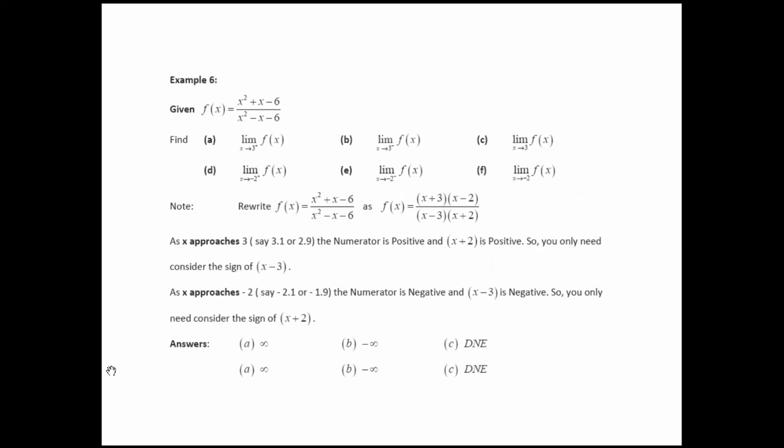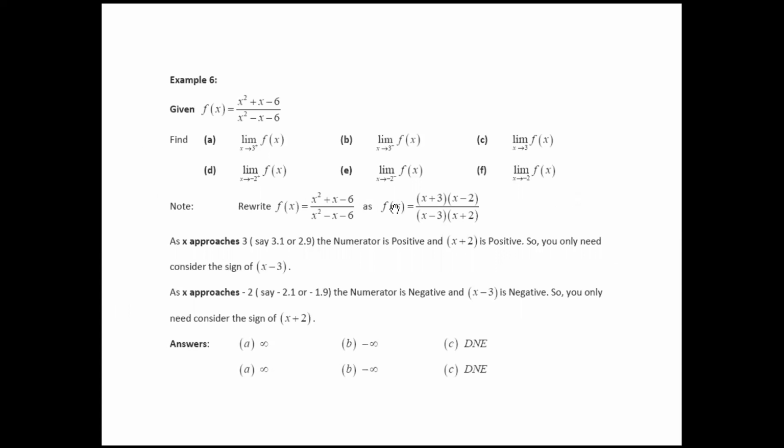Now let's look at example 6. This is a polynomial over a polynomial, and we want the limit as x approaches 3, and we want the limit as x approaches -2. And this looks difficult. Let's work on the first part, x approaches 3. Before we do, let's see if there's something we can do with this problem.